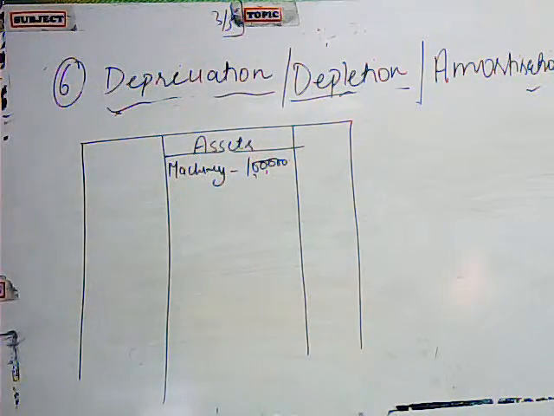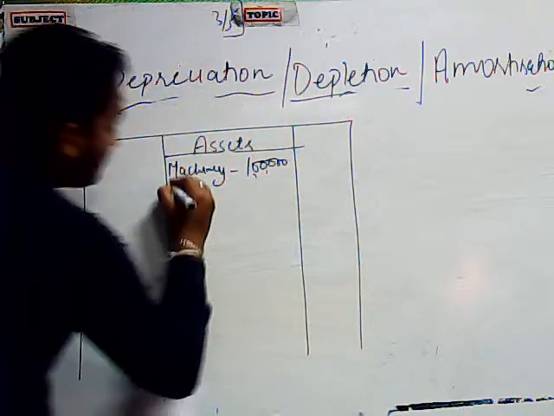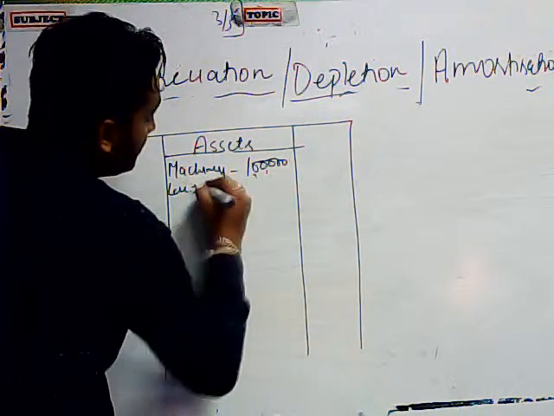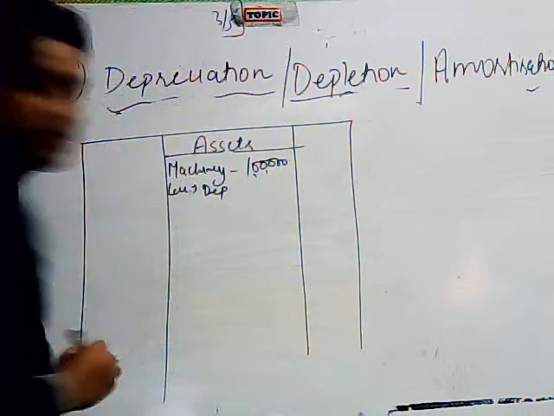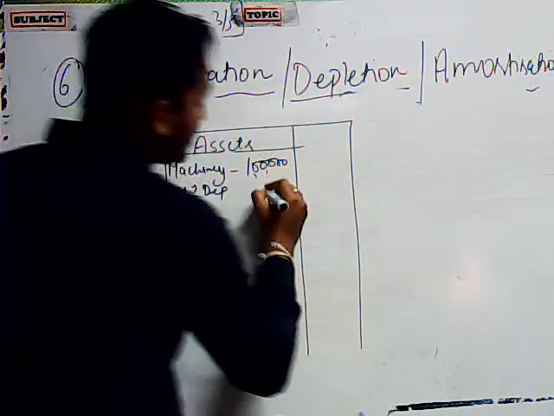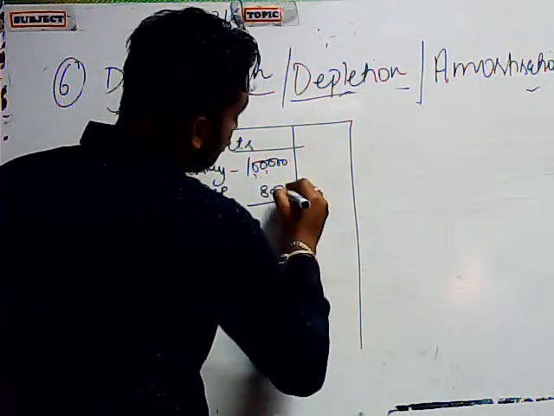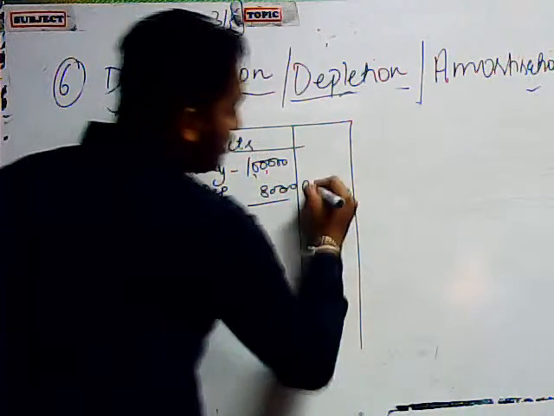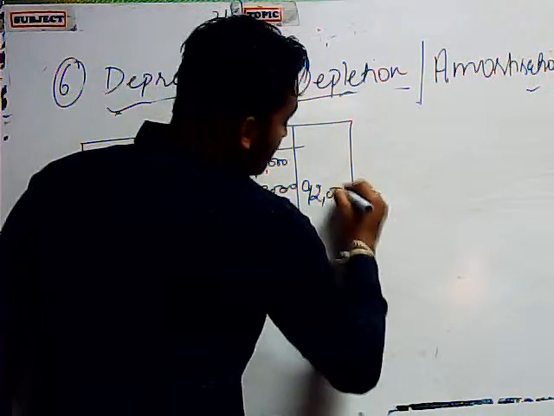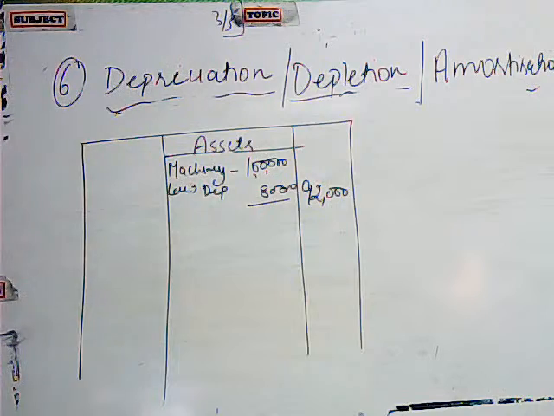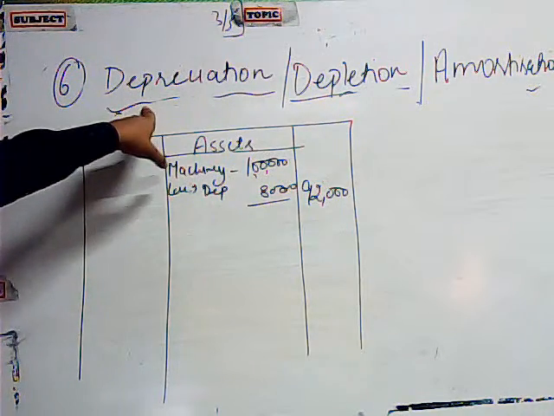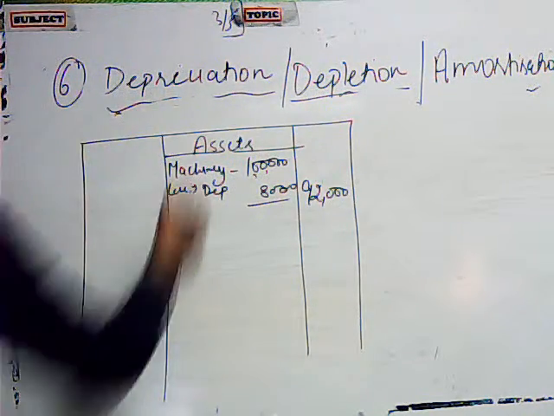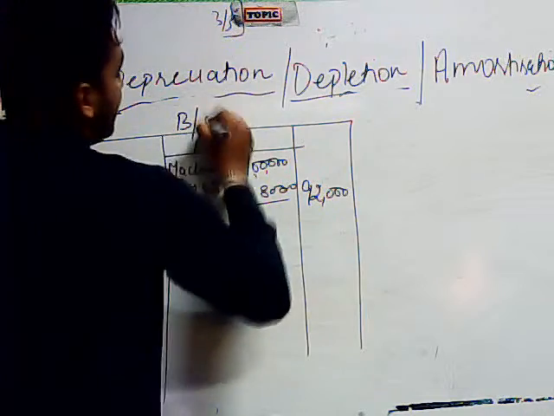Less depreciation, which we just calculated, 8,000 rupees. We have to deduct that value, and the remaining value of that machinery is 92,000. So clear? How do we record the value of depreciation? Firstly under the profit and loss account, and secondly under the balance sheet.